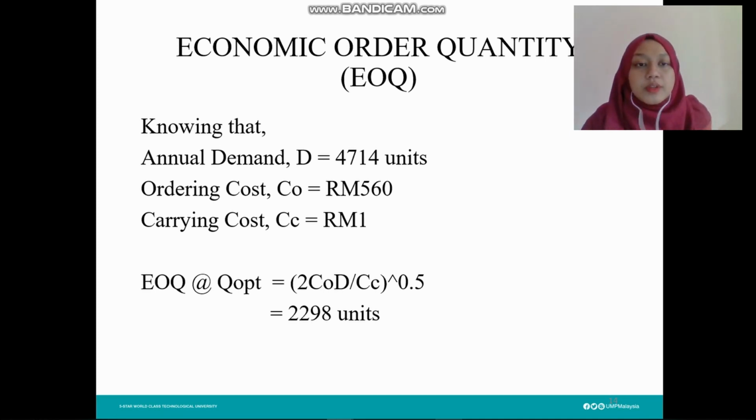For our product, the annual demand is the same as the annual demand from the previous MRP, which is 4,714 units, our ordering cost is 560 ringgit, and carrying cost is 1 ringgit. We calculated our Q optimum and obtained 2,298 units for our EOQ for the whole product.